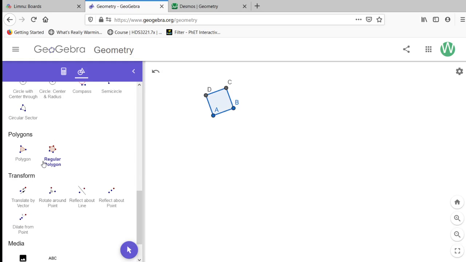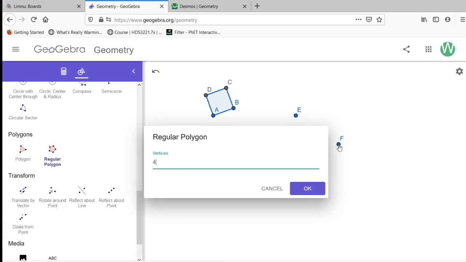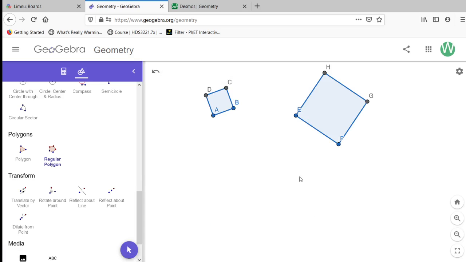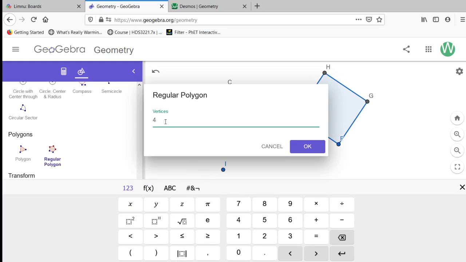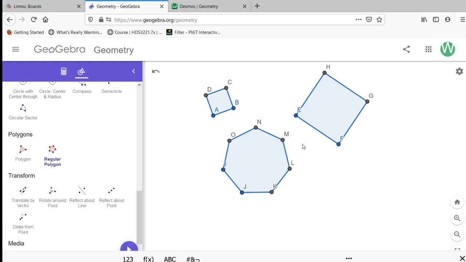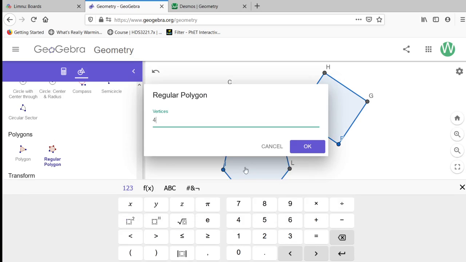They don't necessarily need to be clearly lined up. You can build these 4 vertices regular polygons. These are similar. And to show that, you have to show that all the angles are the same. In this case, they're squares, so it's not super challenging. Might be a little more challenging with a heptagon, but it is still quite possible.